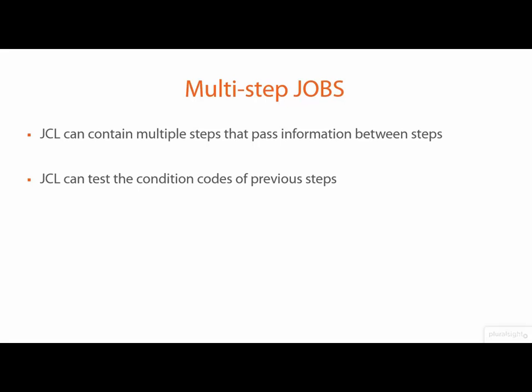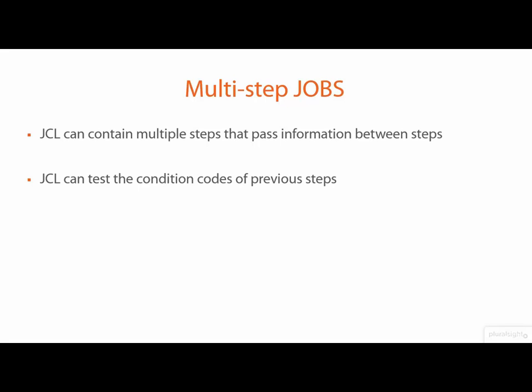That way, if we have a step that had a questionable return code, we can bypass running the step and ensure that nothing is wasted as far as resources in running something that's going to produce a null result anyway. In other cases, we can actually cause a step to run because of a previous error.